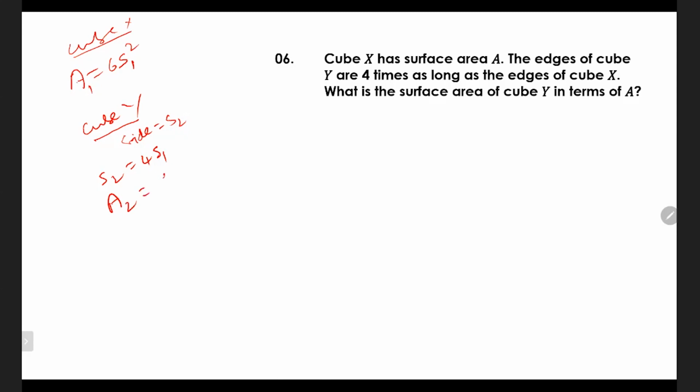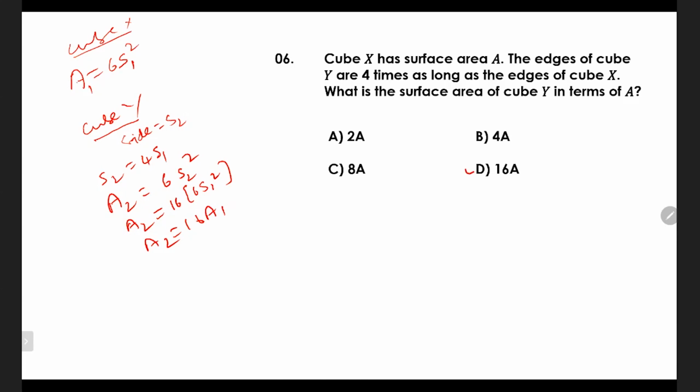A2 is 6 S2 square, that is 6 into 16 into S1 square. So A2 is 16 times A1. So option D. Please note it fast. Quick.